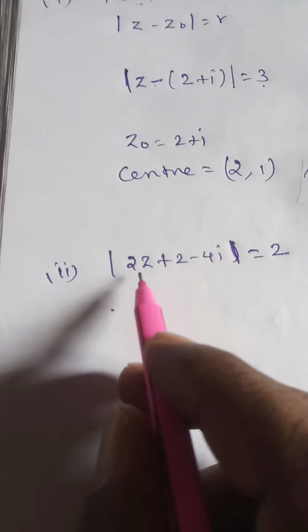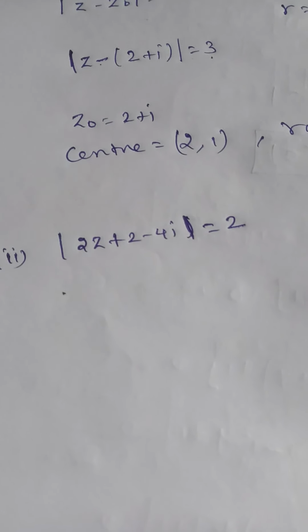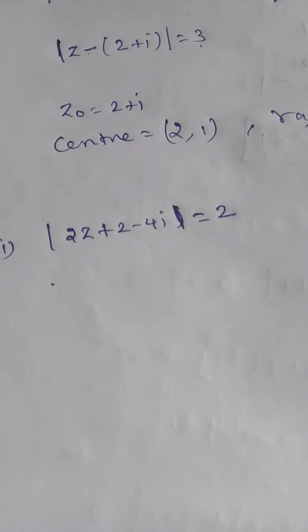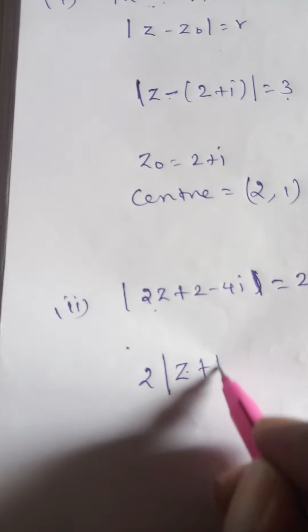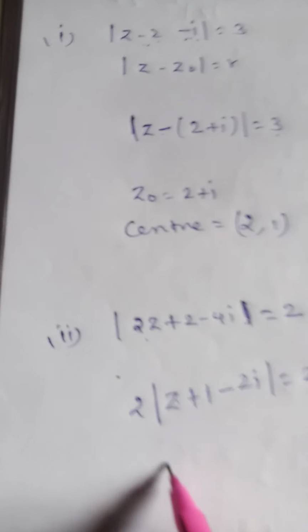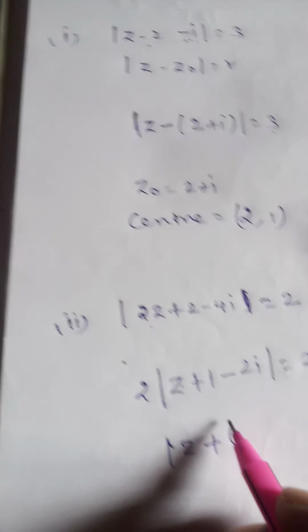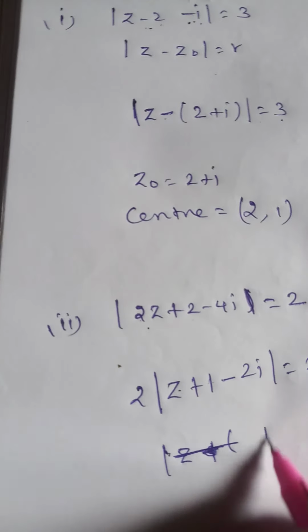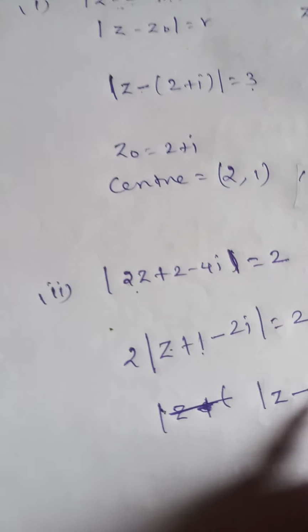Then, following the format modulus of z minus z naught equal to r, in the second term take minus: the positive 1 changes to minus 1, and the minus value changes to plus value.